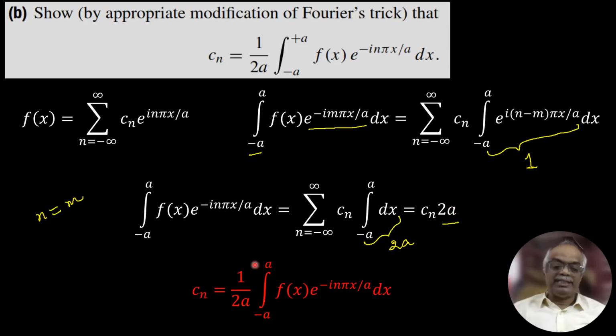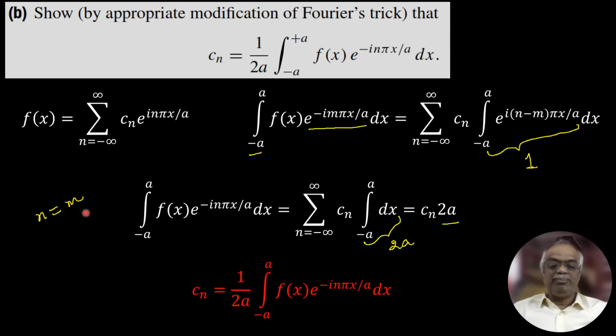Then you bring this 2a to the left hand side. You will get Cn is equal to 1 over 2a integral between minus a to plus a f of x e power minus i n pi x over a dx. So we got this. But here we have assumed n equal to m.